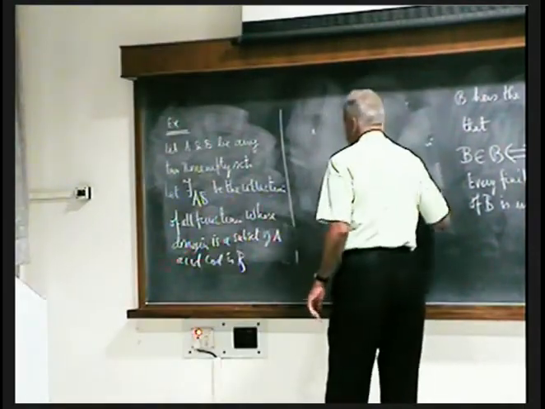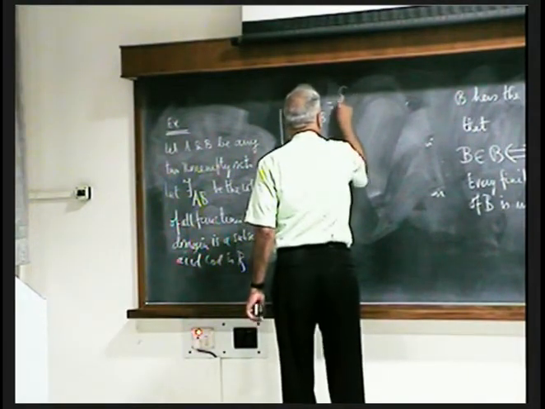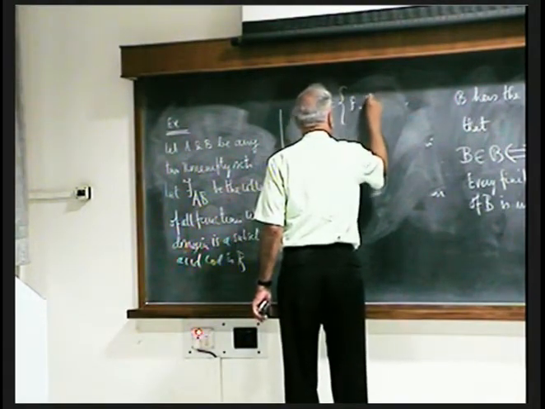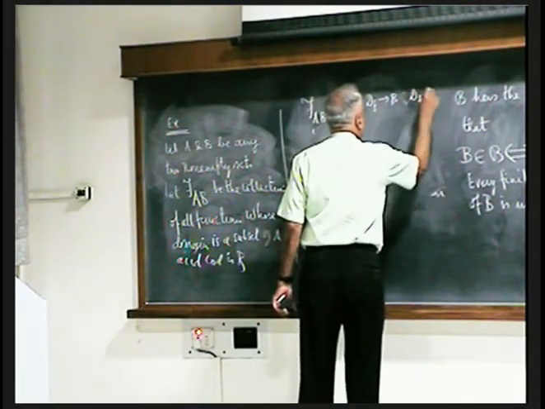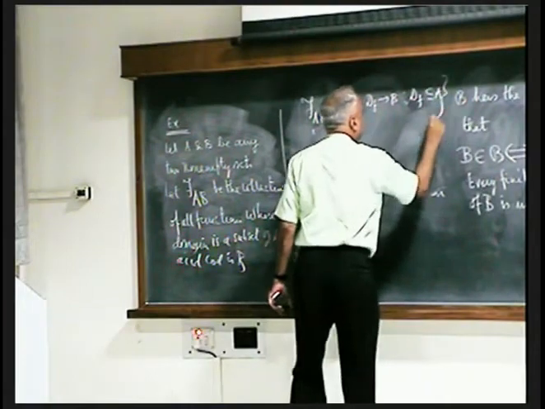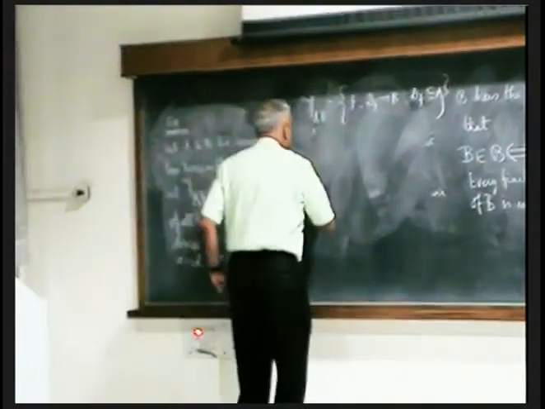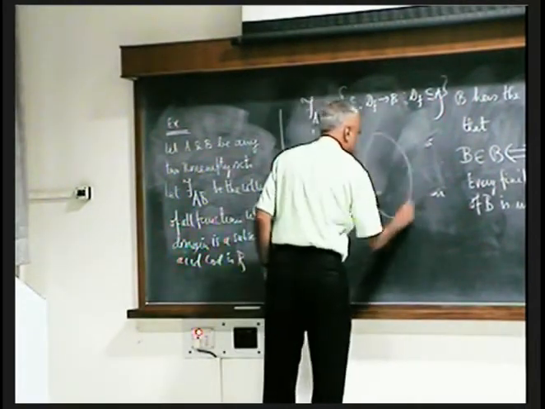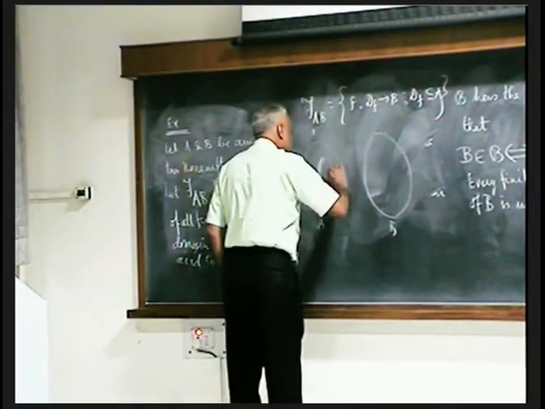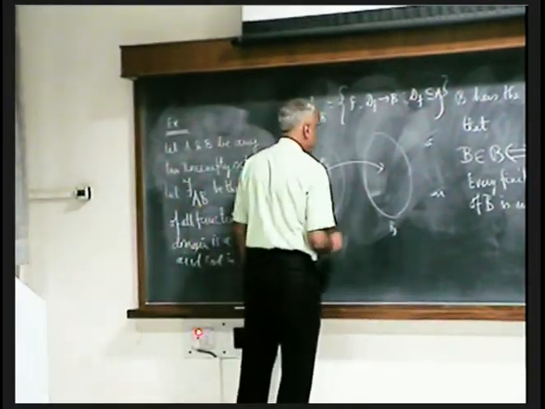So F_AB is the set of all functions from D_F to B such that D_F, the domain, is a subset of A. So it's like this: you take A and take B, take any patch in A and then define a function from here.